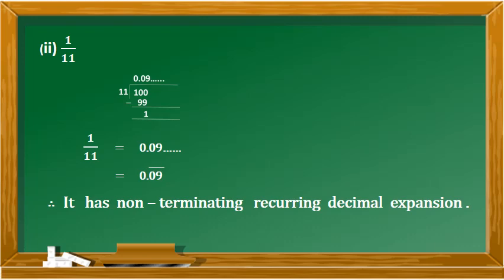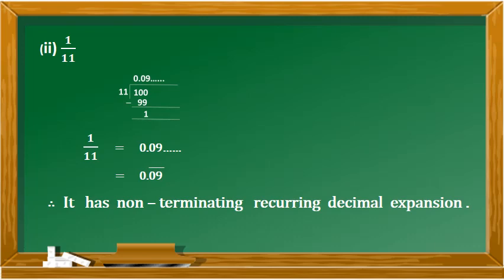Now what do we observe? 1, the remainder, is the same as the dividend in the beginning. What happens? The division process becomes the same again. So the remainder never becomes 0. What happens in the quotient? The decimal expansion, that is 09, gets repeated again and again, and the decimal expansion does not terminate.